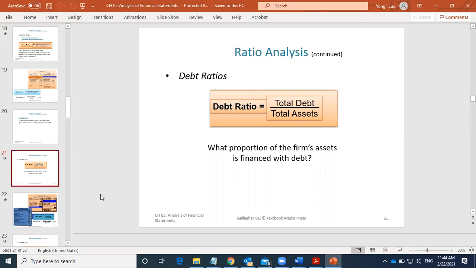That will be your total debt divided by your total assets, which is your debt ratio.